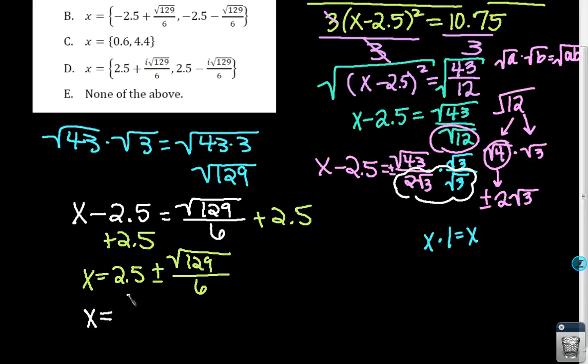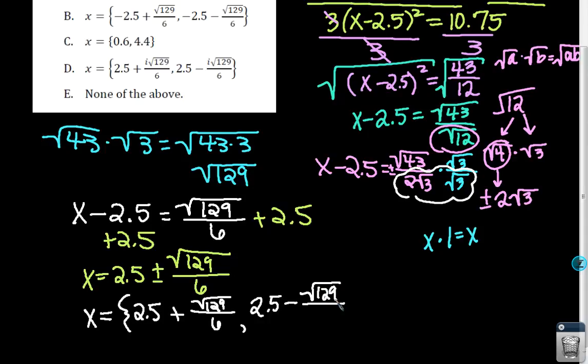So x is the set of these two values that are 2.5 plus the square root of 129 over 6 and 2.5 minus the square root of 129 over 6, closed set. So x is the set of these two values that are this left one and this right one. So 2.5 plus the square root of 129 over 6 and 2.5 minus the square root of 129 over 6.